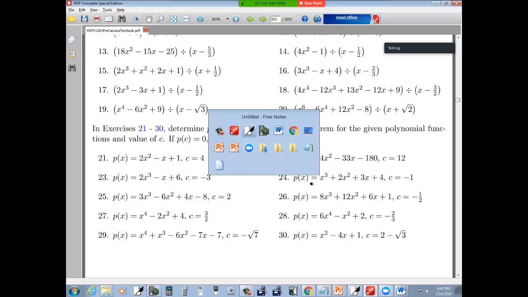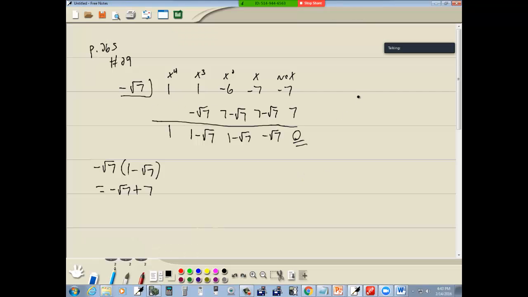So this is saying that x is equal to negative square root of 7. And if you take that over on the same side as the x, then it becomes x plus square root of 7 is equal to 0. So then you're going to have x plus the square root of 7 times, and this is x to the fourth, this will always be 1 degree lower.